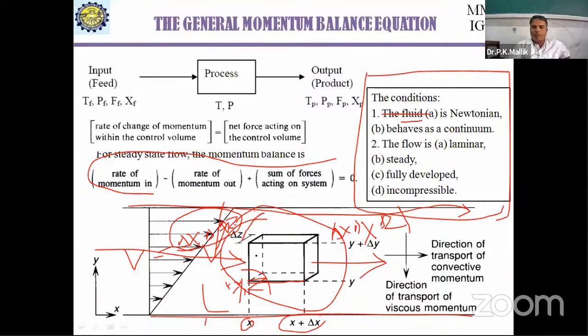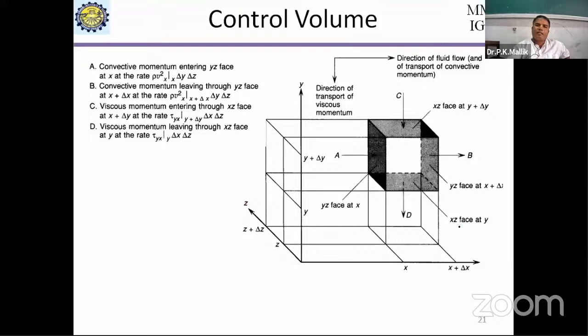When you consider this control volume approach, you can assign the coordinate system, the direction in which the fluid flows, and the direction of the viscous momentum.